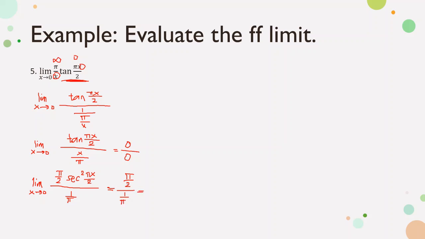For division of fractions, you have to multiply with the reciprocal of the denominator, so that would give you pi squared over 2. So this is now our final answer. The moment our answer is already not an indeterminate form, that's the time that we have to stop also. And that is our final answer.